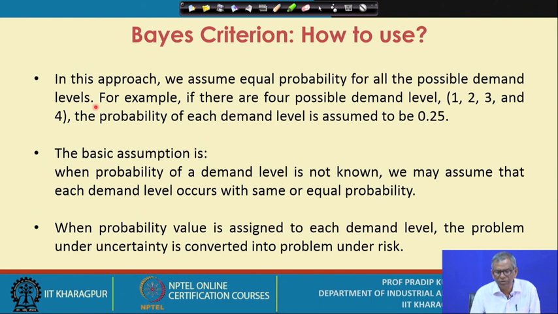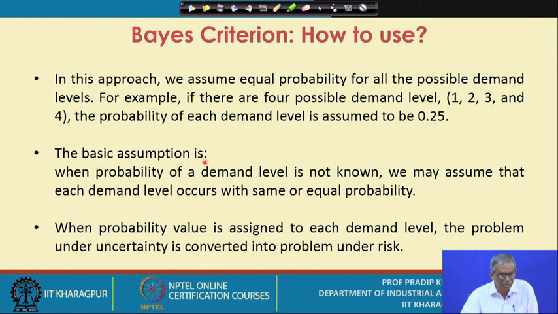If there are 4 possible demand levels, say 1, 2, 3 and 4, either 1 unit, 2 units, 3 units or 4 units, the probability of each demand level is assumed to be 0.25. That means when the exact probabilities are not known, let it be assumed to be the same, 1 by 4, that is 0.25.